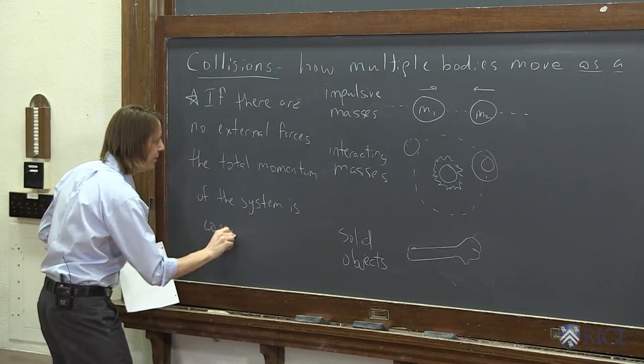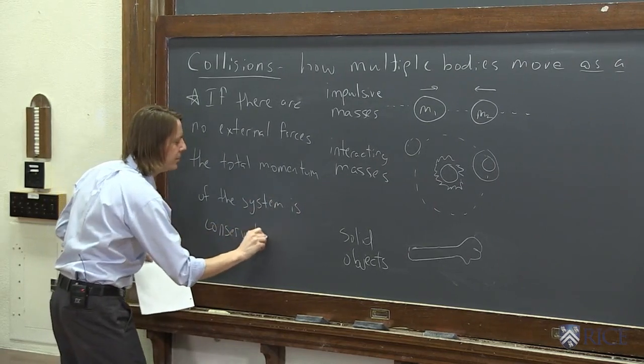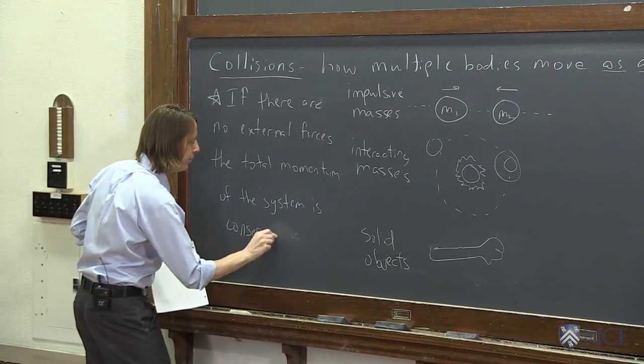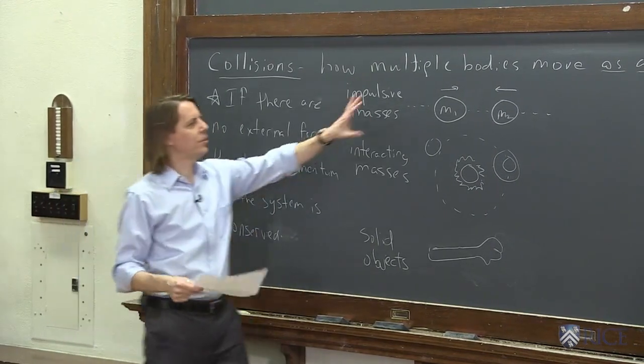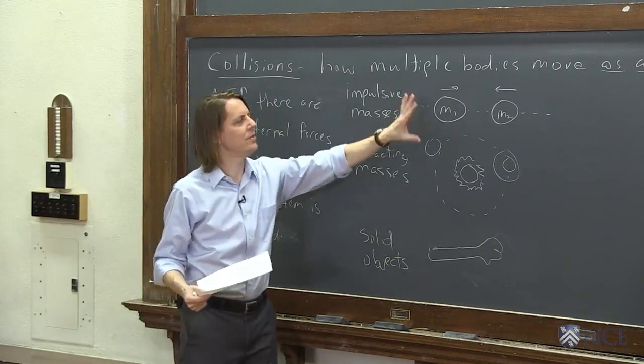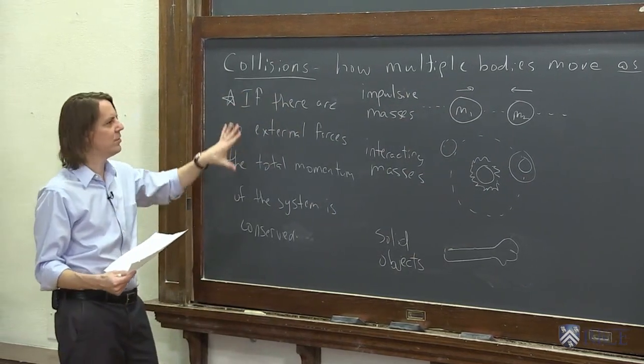So we still have conservation of momentum. Nothing special here. All these interactions are internal, therefore conservation of momentum still exists for any of these as they evolve. So we'll use this a little bit.